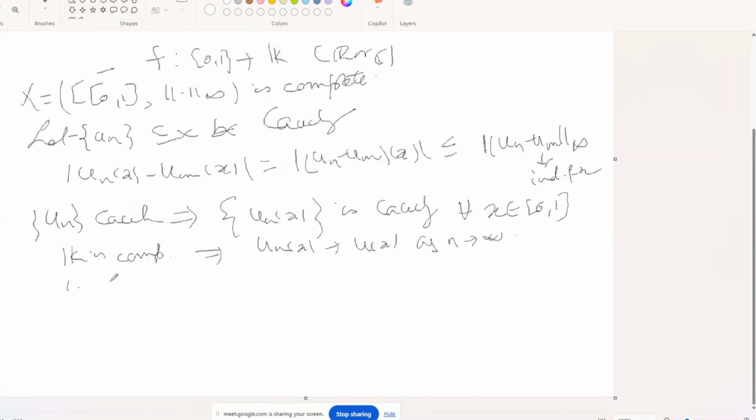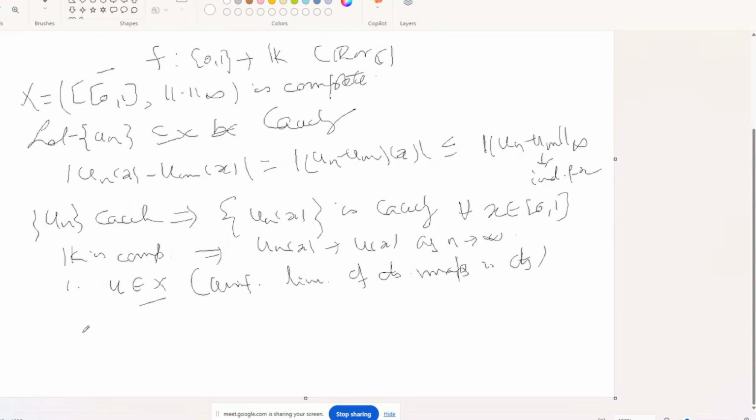First claim: u belongs to X. Why? The uniform limit of continuous maps is continuous. That's what you are using.